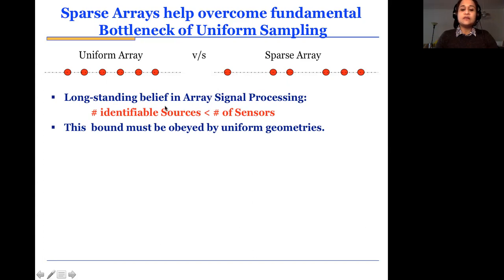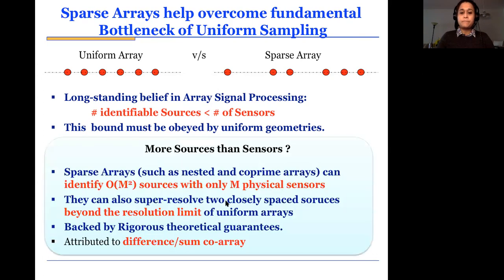So the long-standing belief in array signal processing was this, that the number of sources that you can identify with a certain number of sensors has to obey this bound. That number of sources has to be less than the number of sensors. And this bound is not just a rule of thumb. It is actually fundamental. This bound is obeyed by uniform geometries, uniform linear array, uniform rectangular array, and so forth. So the question is, can we think of even identifying more sources than sensors? It's clearly not possible with uniform geometries.